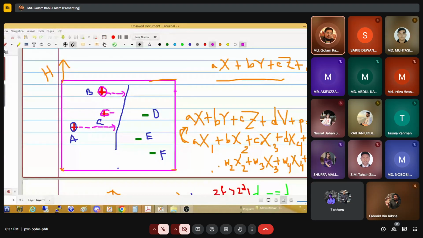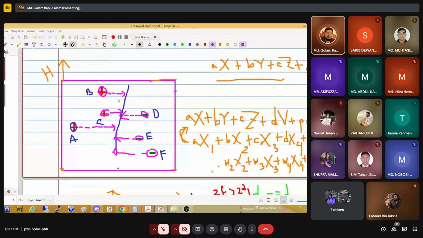Similarly D, E, and F to our hyperplane. So now we have to find these distances.